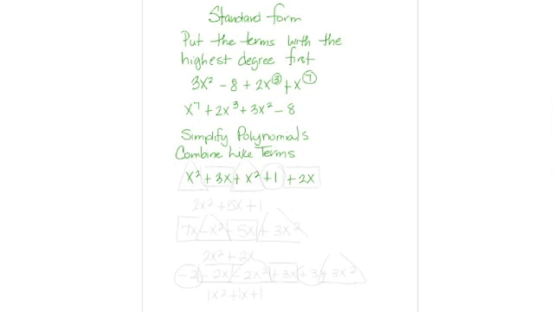Let's think about the x squared as x-rays and the x as xylophones. So I'm going to combine my like terms, and the way that I like to start out by doing that, I put different things around it. So I'm going to put triangles around my x squares, and I'm going to go back and put squares around my x's, and then I'm going to put circles around my numbers.